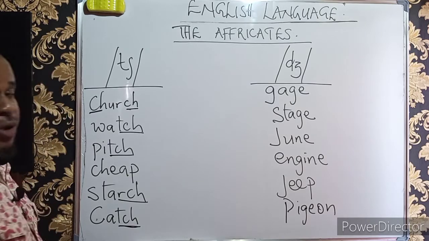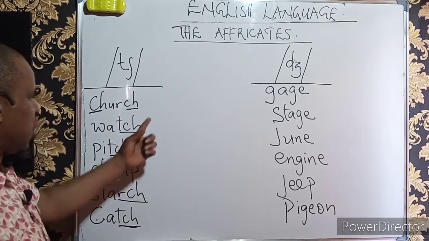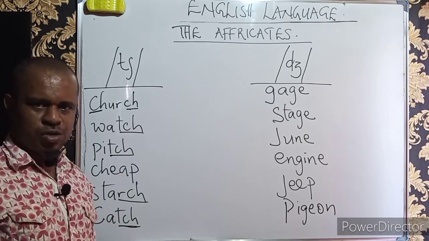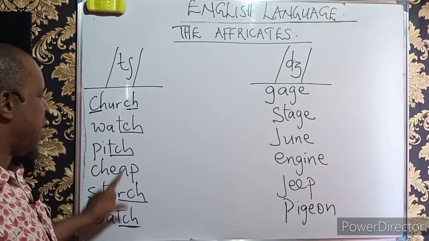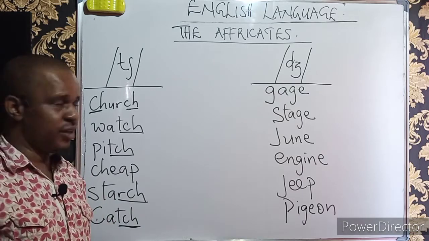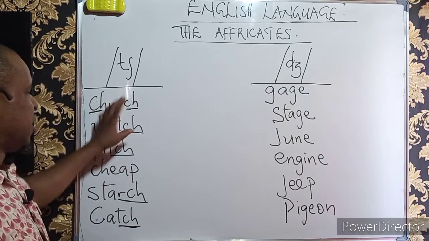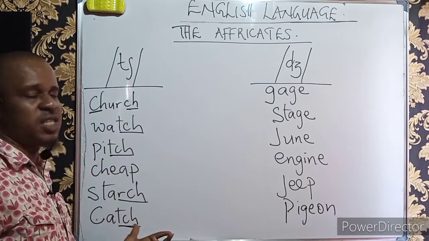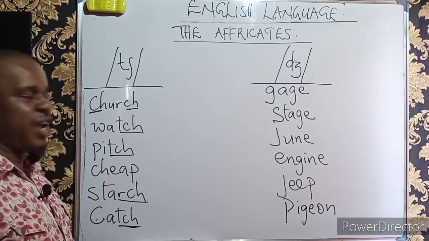Now remember, when we talk about sounds, we are focused on sounds. We actually spell those words differently, but that's not our major concern. Our concern is the uniformity of the sound that is possessed in all the examples outlined here.